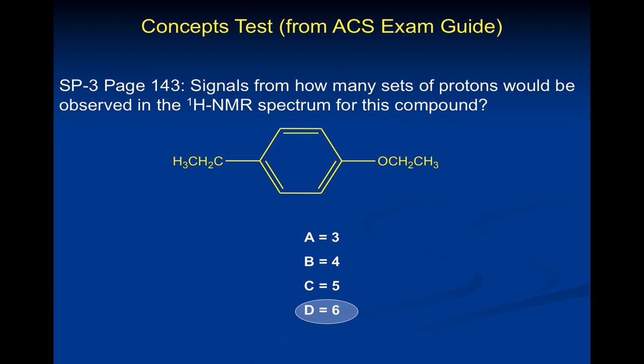Now let's go through real quick and draw what we think the NMR spectrum might look like. So the NMR spectrum is going to go from 0 to about 10, right? I'm going to draw a line at 5. And where am I going to see signals?